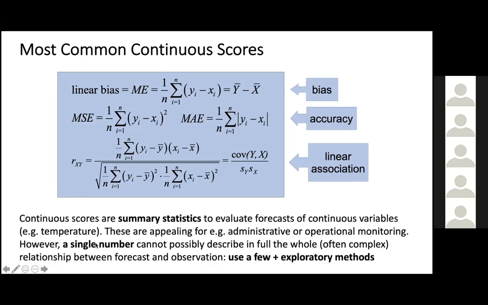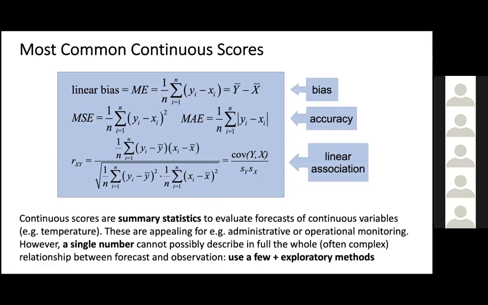However, a single number, as Barbara was saying yesterday, cannot fully describe the complex relationship that exists between forecast and observations. So the recommendation is always to use a few of these statistics and to have them accompanied with some exploratory methods to make sure that you are aware if there is any problem in your distributions.